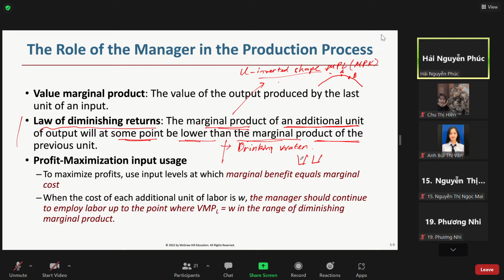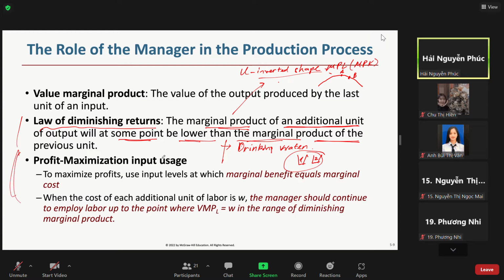The first one will give you a greater value than the second. The same story is true in the production process: at some given point, the marginal product of an additional unit of output would be lower than the previous one.